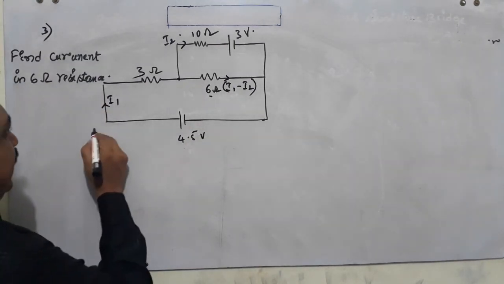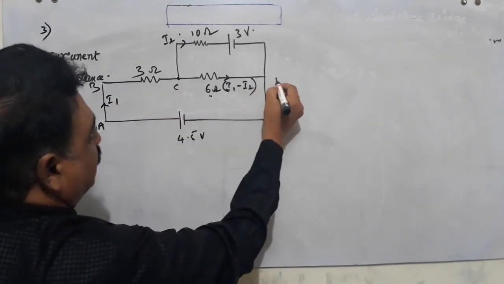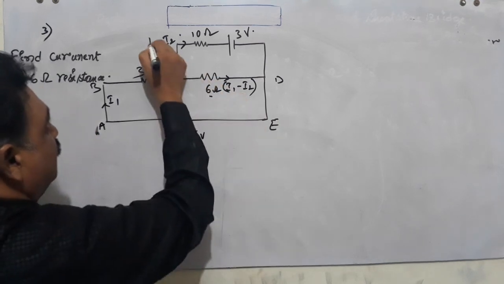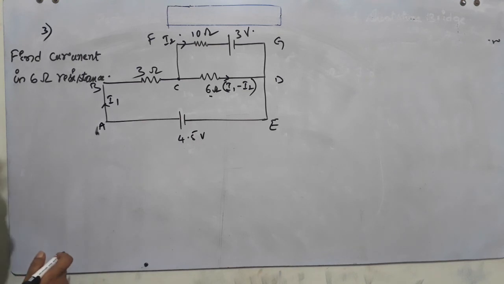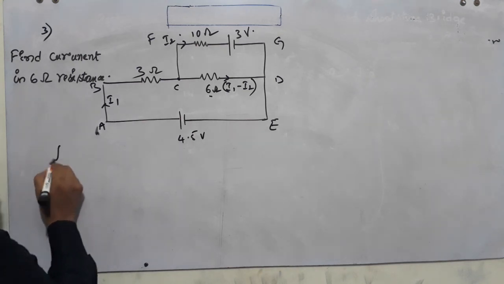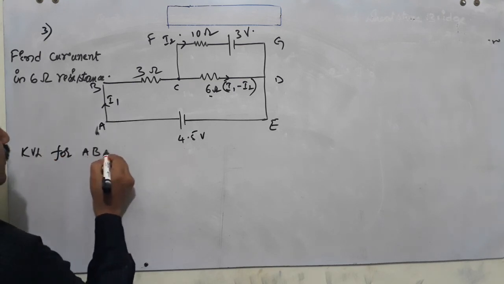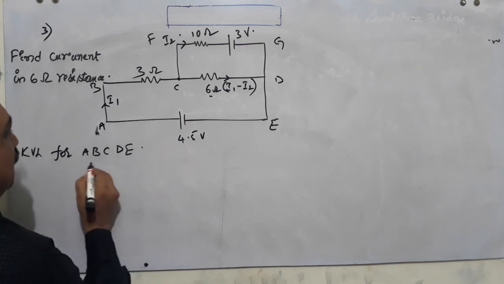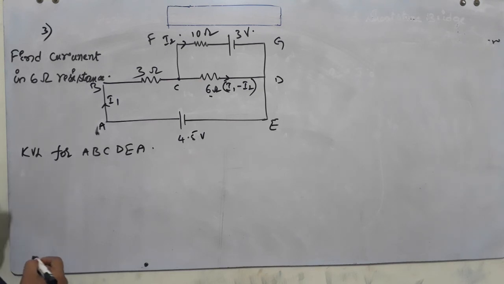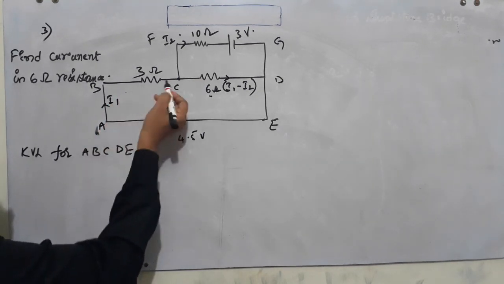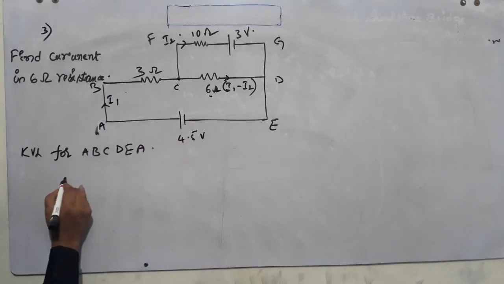See here, I am taking A, B, C, D, E, F, G. And here I am applying Kirchhoff's voltage law. KVL for A, B, C, D, E, A. For this loop, I am applying Kirchhoff's second law, or voltage law. Across this resistor, we are moving in the direction of current, so minus 3I1.